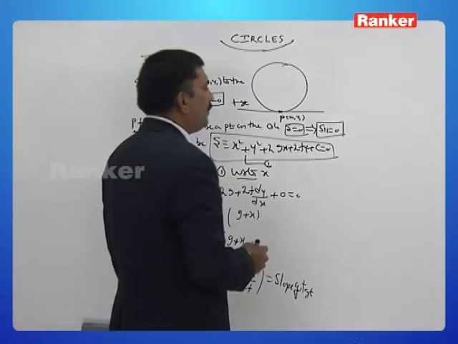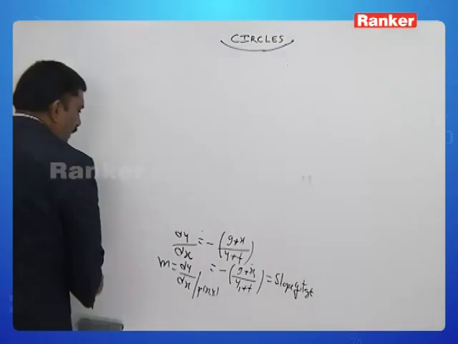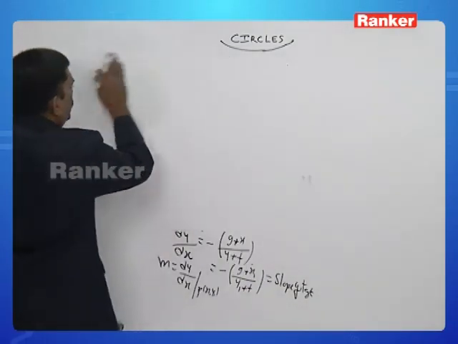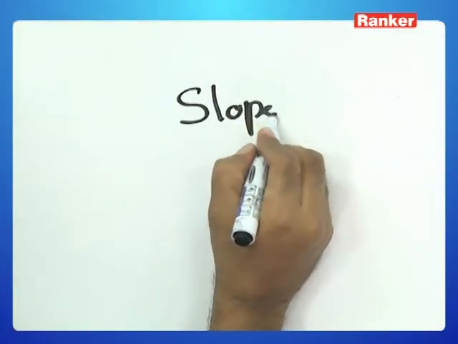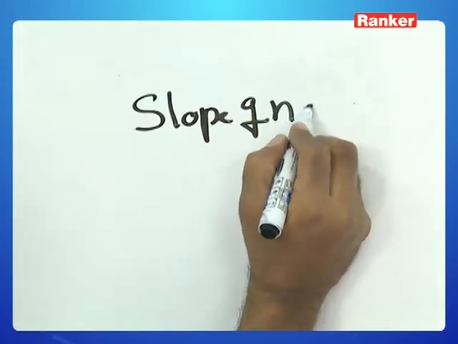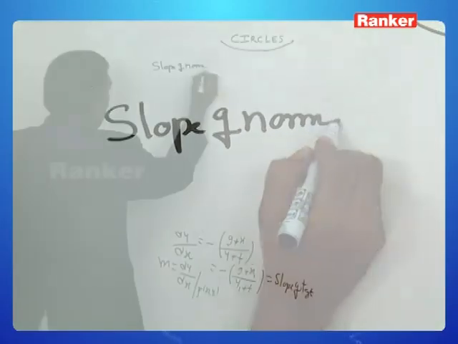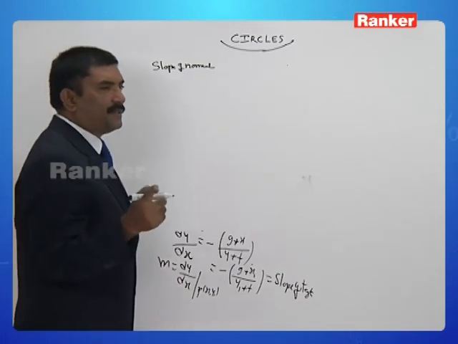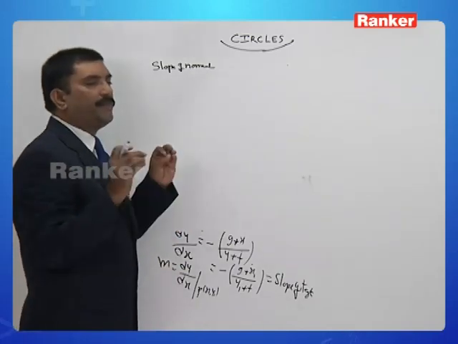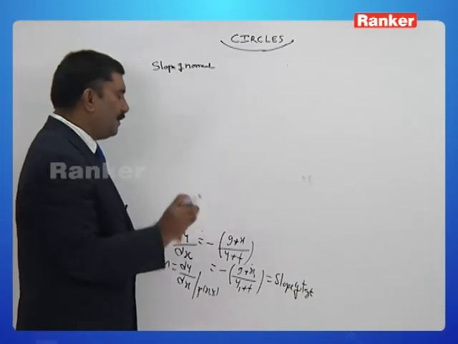Now we can also write the slope of a normal. I am not going to use the normal at present, but in the sequel I am going to tell the equation of normal at x1 comma y1 to the circle S is equal to 0, so that you will have familiarity with the slope of a normal.